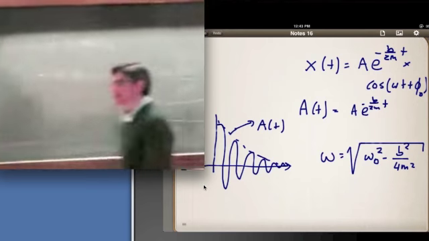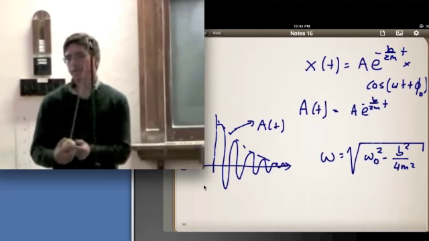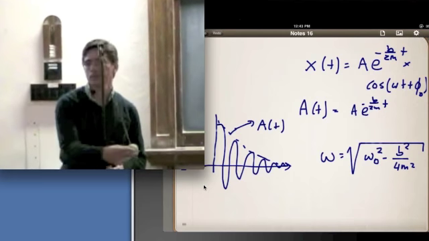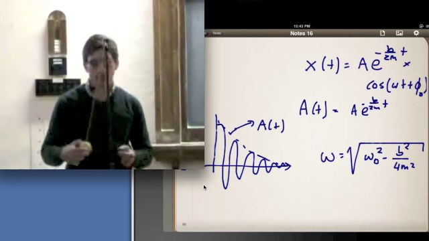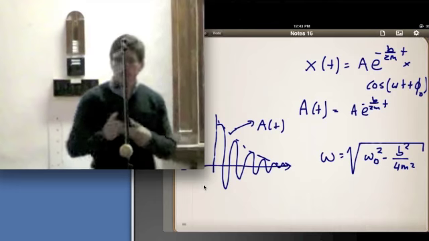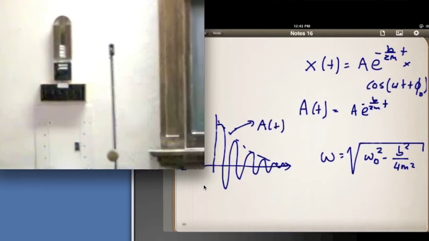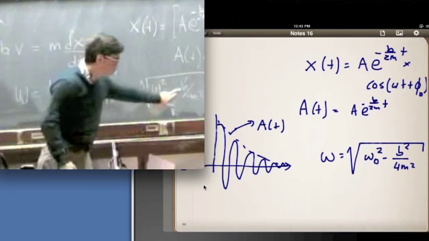Think of this pendulum as moving through molasses. What is the effect of the molasses on the frequency of this thing? It's going to slow it down quite a bit, right? It might be one oscillation and a half, and it will stop and so on. But that frequency is definitely going to be smaller, which means the period is going to be longer, right? If you have damping.